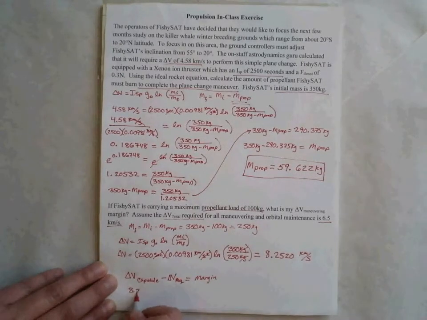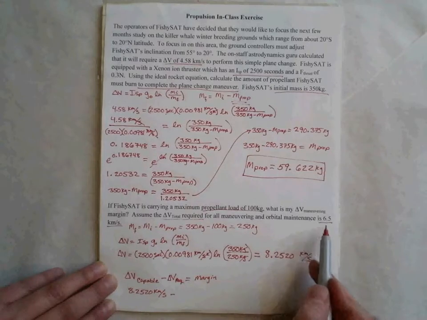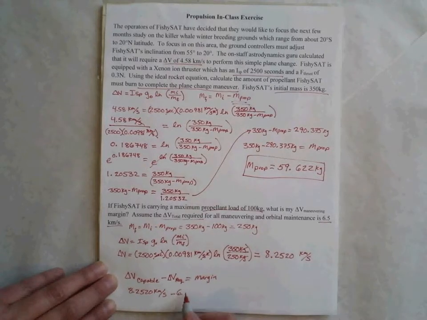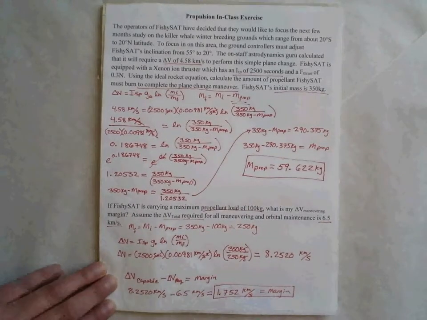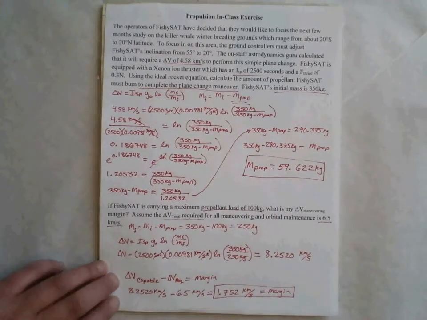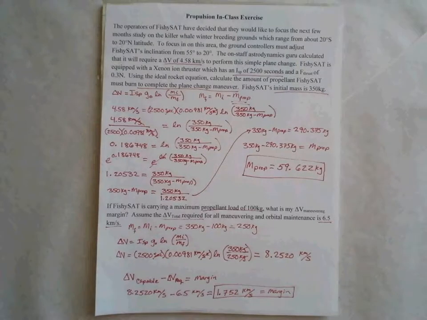So we have 8.2520 kilometers per second minus what's required, the 6.5. So we are left with a margin, a positive margin, of 1.752 kilometers per second.